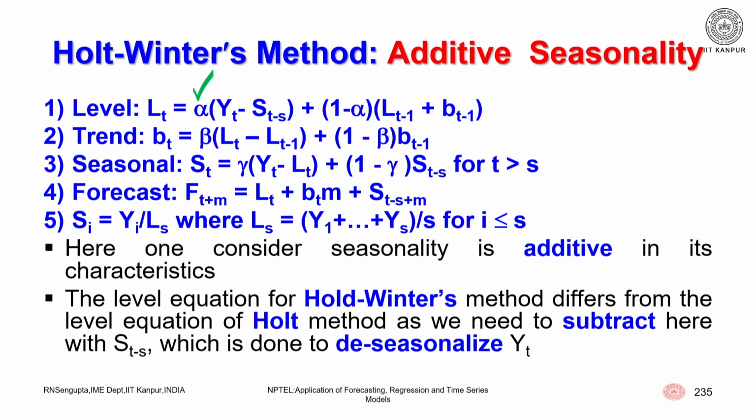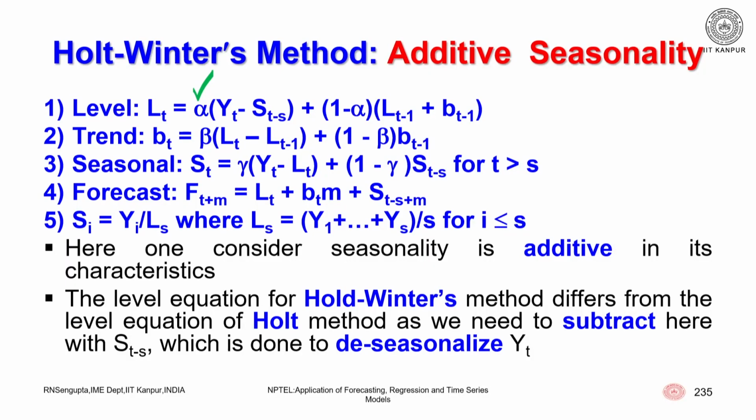And what is m? If you remember, we have already utilized m in great detail when we were considering the Holt linear method. m is how many time periods ahead you are trying to forecast. So, if m is 1, you are only forecasting one step at a time. If m is 2, you are trying to forecast 2 steps at a time.